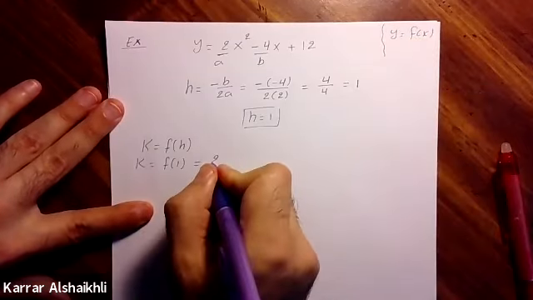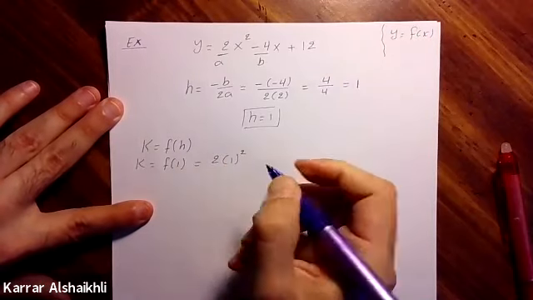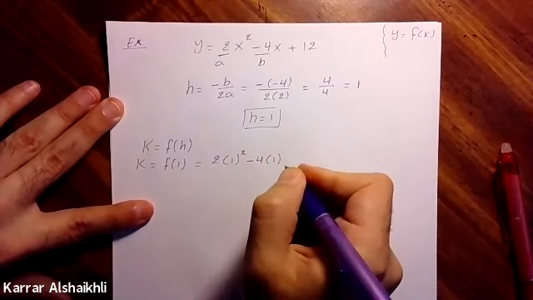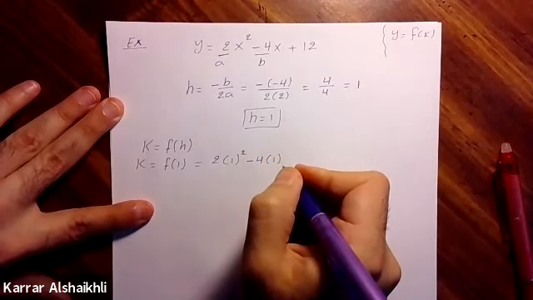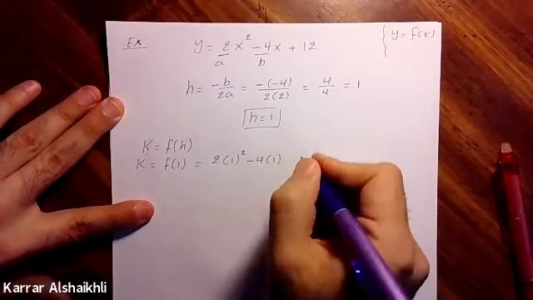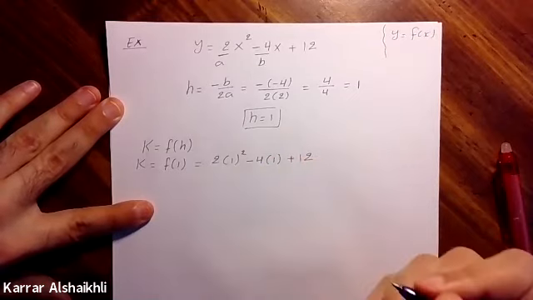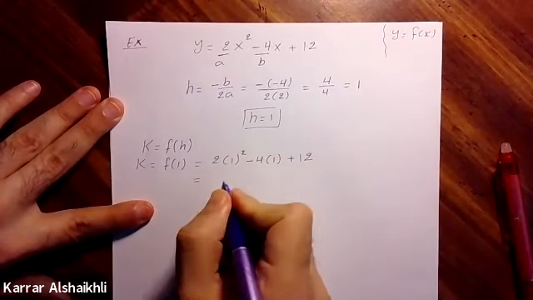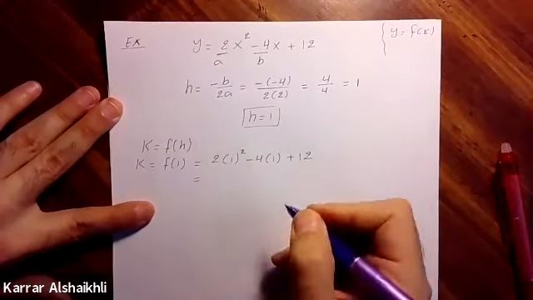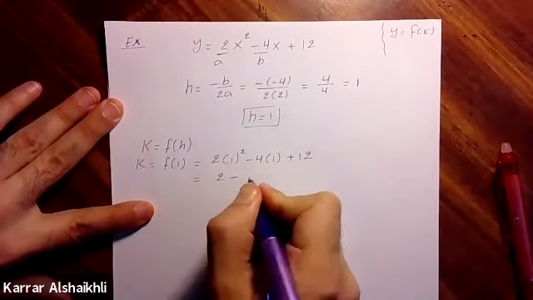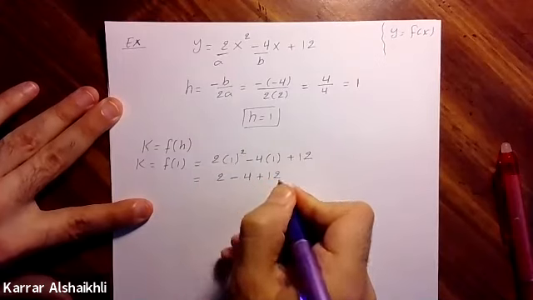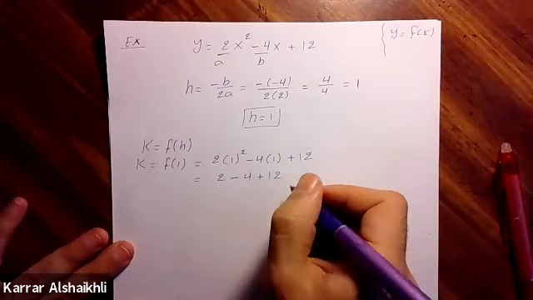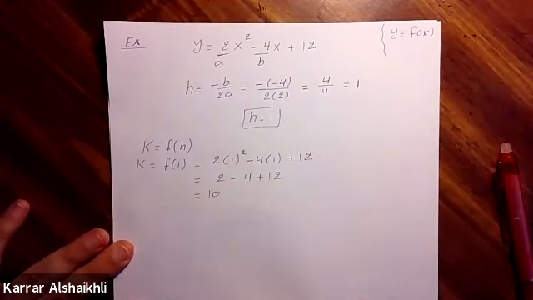So it's going to be 2 times 1 squared, minus 4 times 1, plus 12. So it's going to be 2 times 1, which is 2, because 1 squared is 1. 2 times 1 is 2, minus 4 plus 12. So 14 minus 4 is going to be 10.